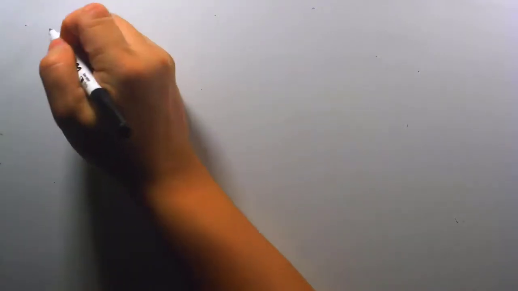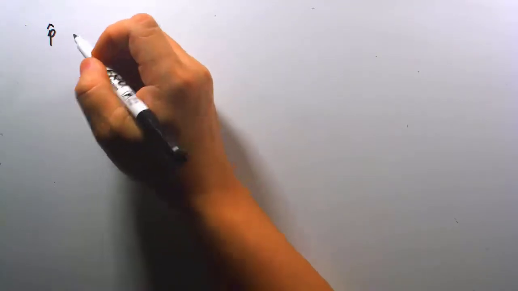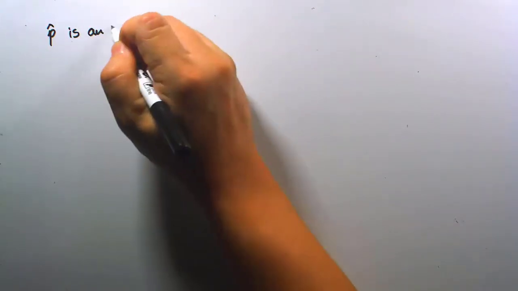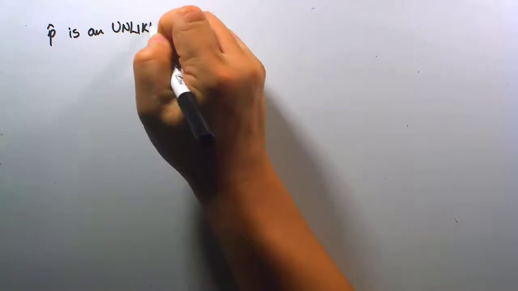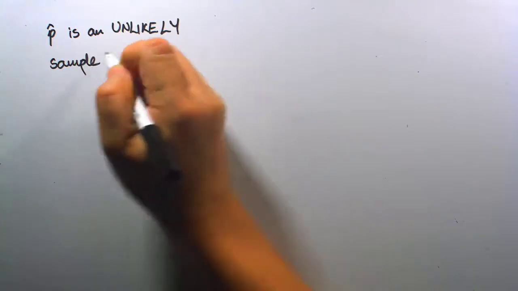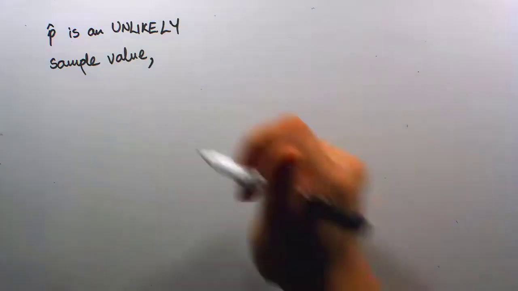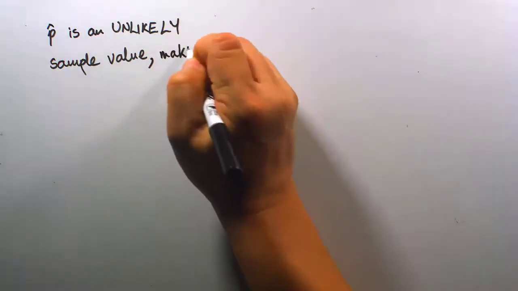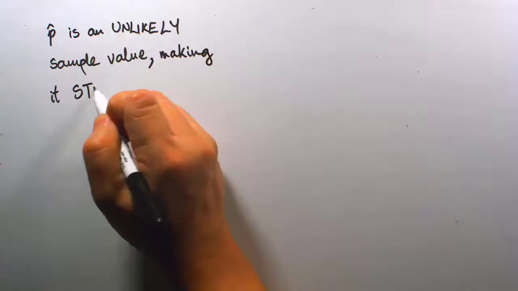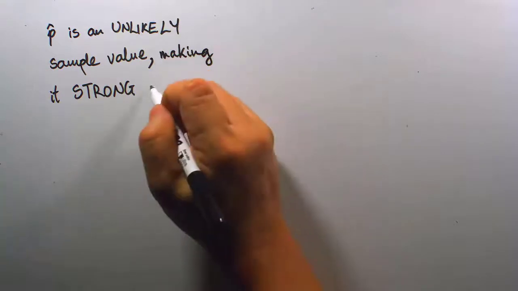Now that our sample proportion value p hat is among the unlikely values, we can say that p hat is an unlikely sample value. And this is what is making it strong evidence. I mean making p hat strong evidence.